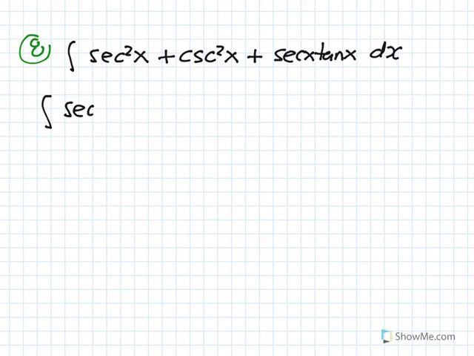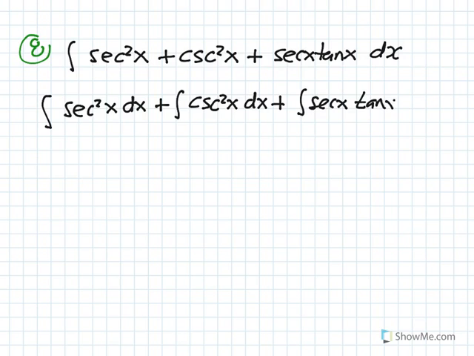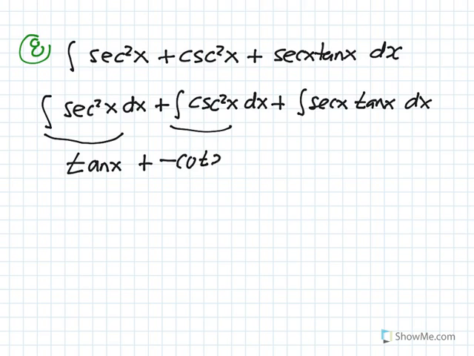Integral secant squared x dx plus integral cosecant squared x dx plus integral sec x tan x dx. Integral secant squared x is just going to be tangent x. Integral of cosecant squared x is minus cotangent x. Integral sec x tan x is just going to be secant x plus constant c.